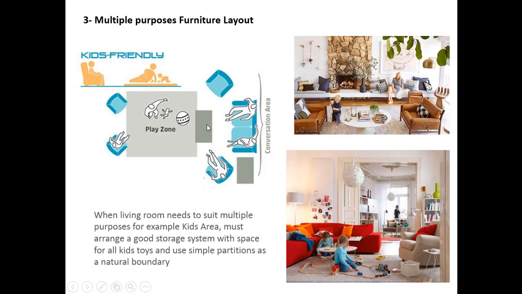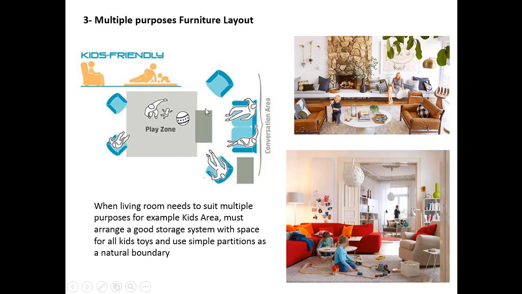Multipurpose furniture, like here for example, especially in a family which has small kids. The family members want to take care of their kids and they must look at them all the time. So when the living room needs to suit multiple purposes, for example a kids' area, you must arrange a good storage system with space for all the kids' toys and use simple partitions as a natural boundary.